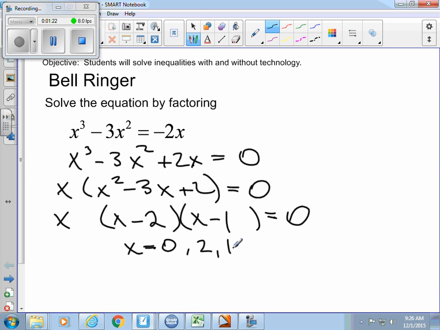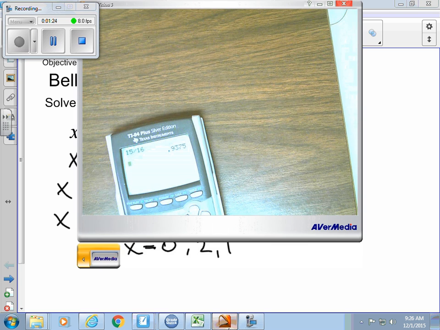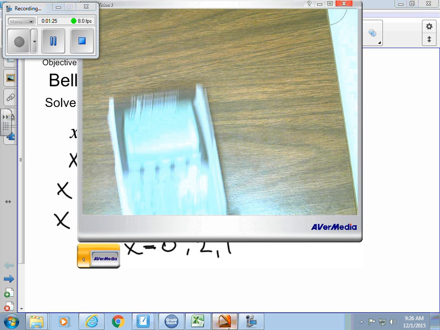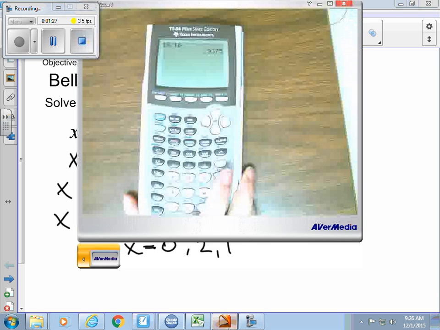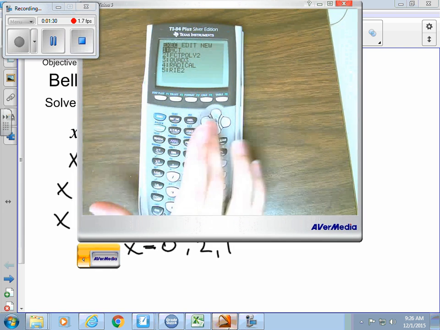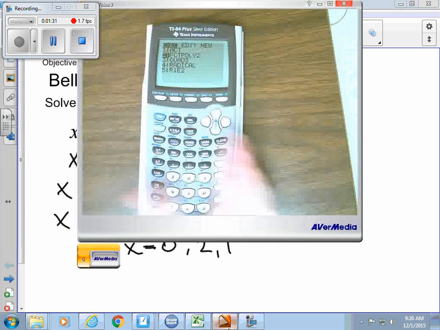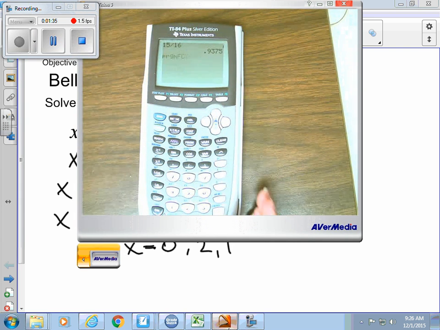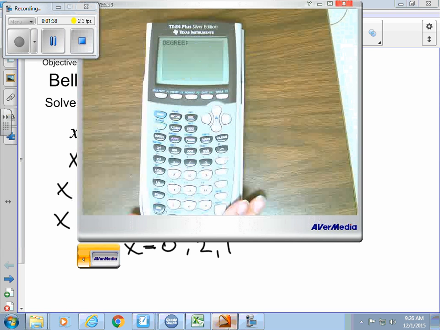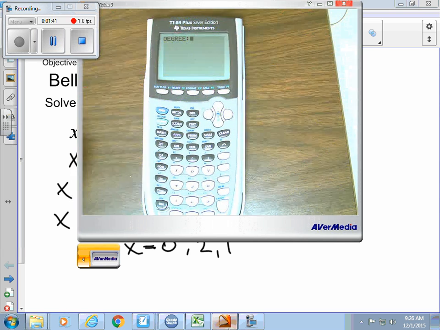Show you how to use the calculator to do that. You can do it. If you go to Program, there's a new program on your calculator called Factor Poly. Click it. The first thing it asks is the degree. What is that?